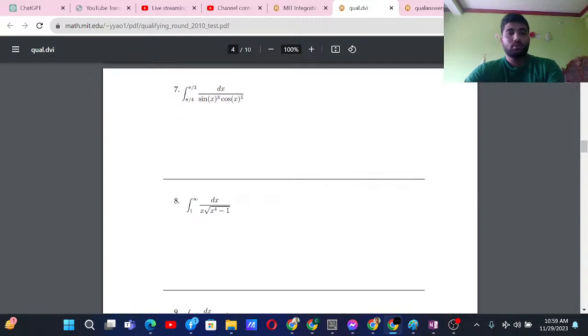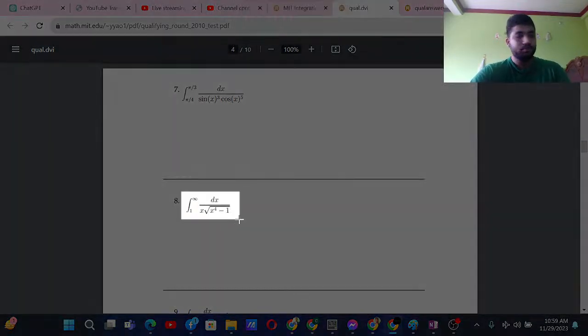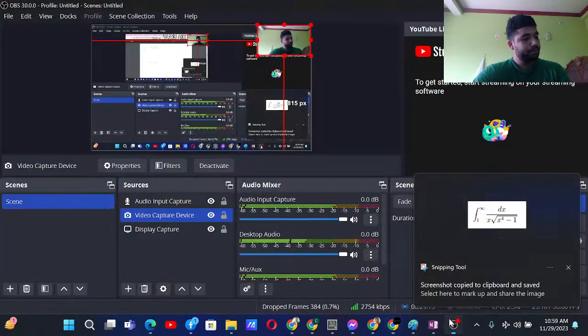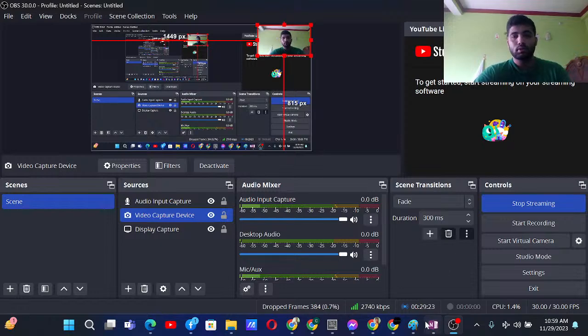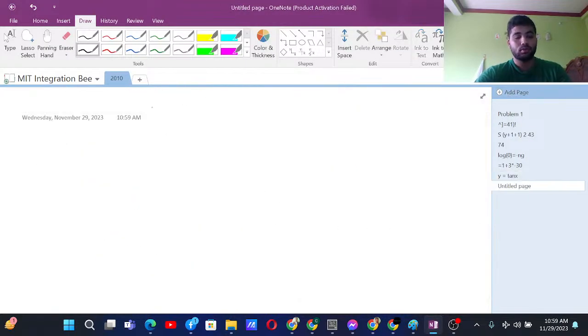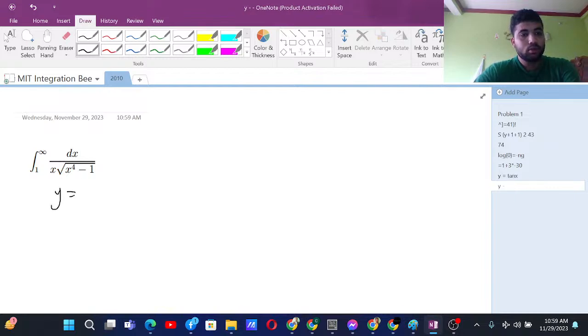Now for this problem, we can let y equal root under x to the power 4 minus 1.